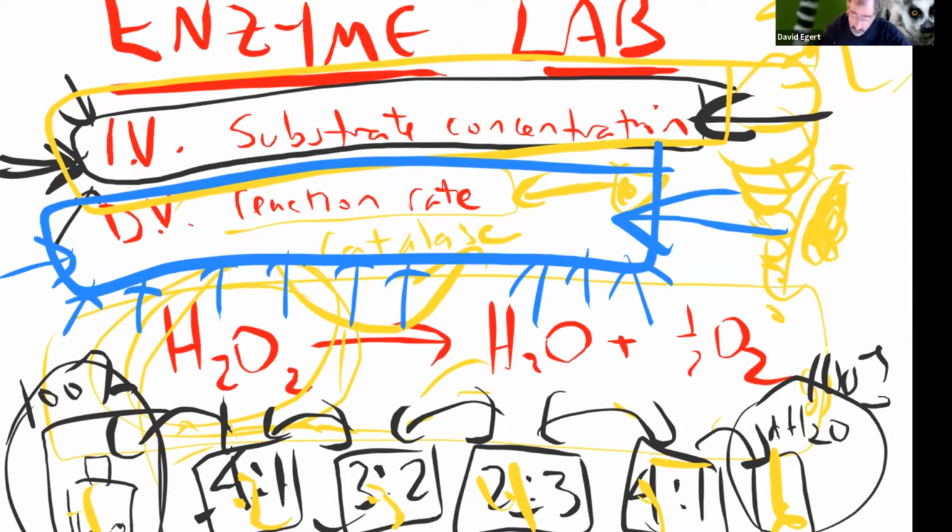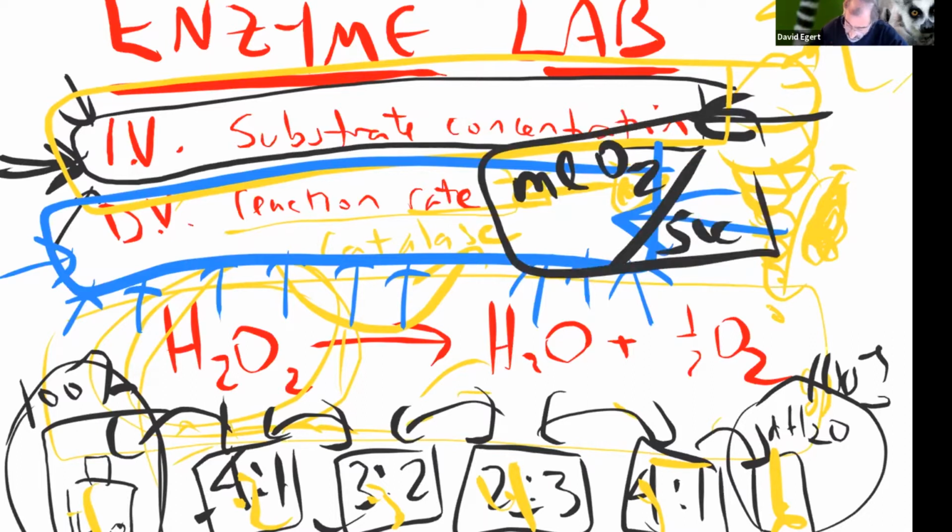If it's going slow, I'm not going to have as much oxygen per second being formed. If the reaction is going fast, I'm going to have a lot larger volume of oxygen per second being formed. So my reaction rate is ultimately going to be measured in mL of O2 per second. This is going to be my measure of rate.